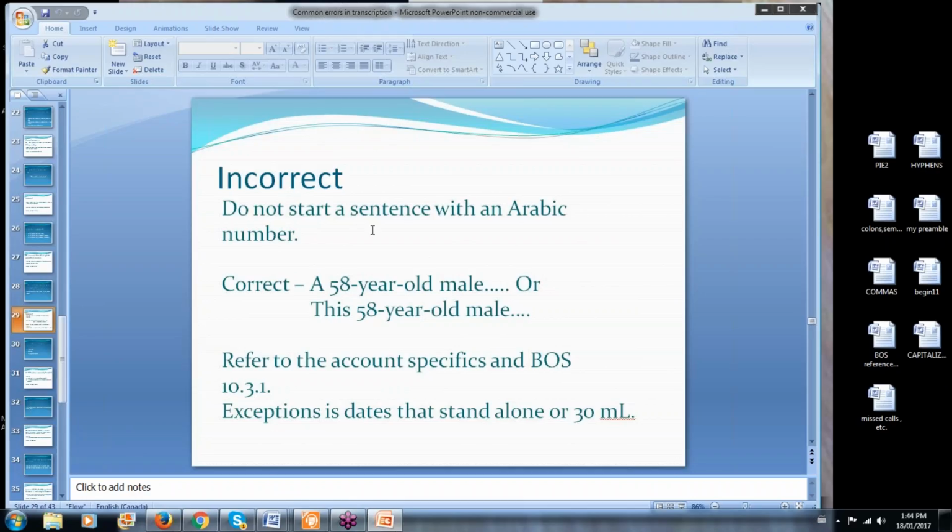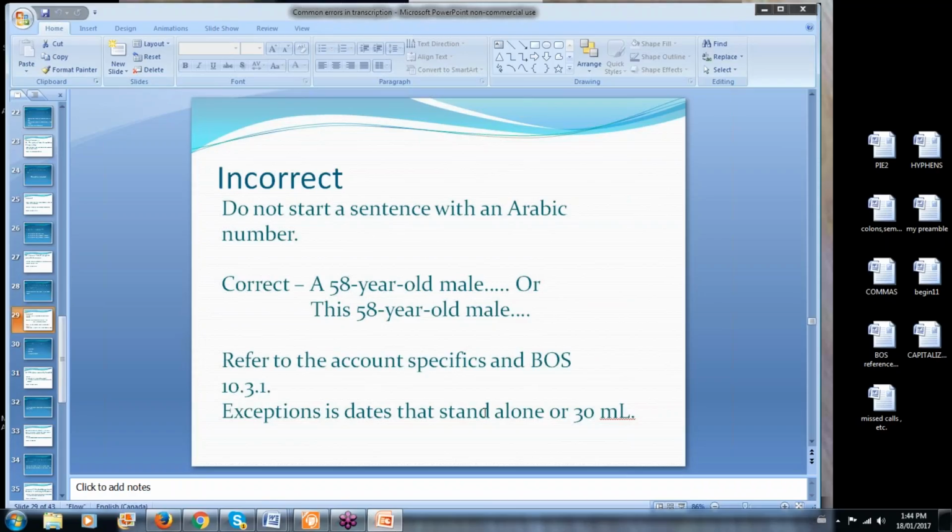Do not start a sentence with an Arabic number. A correct way would just be to add a, or this 58-year-old male, whichever, and refer to the account specifics in BOSS 10.3.1.